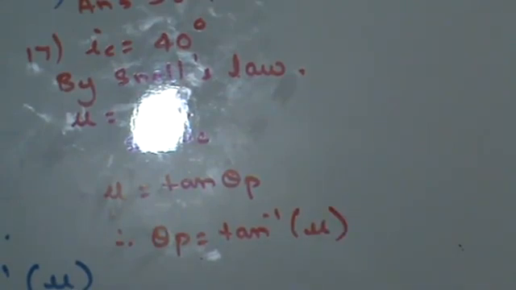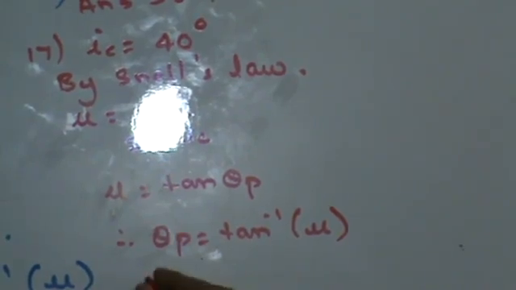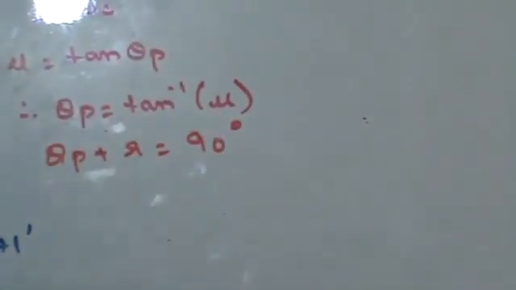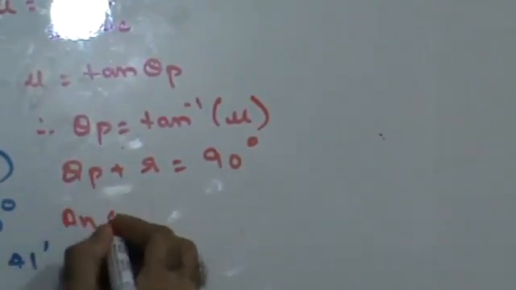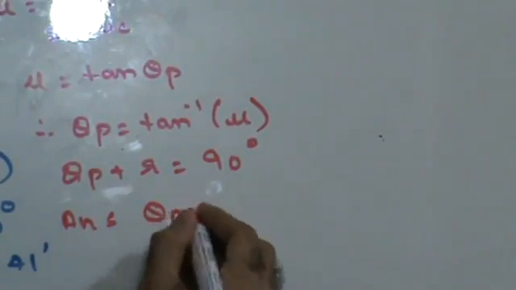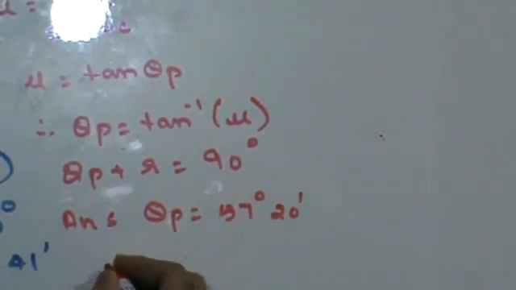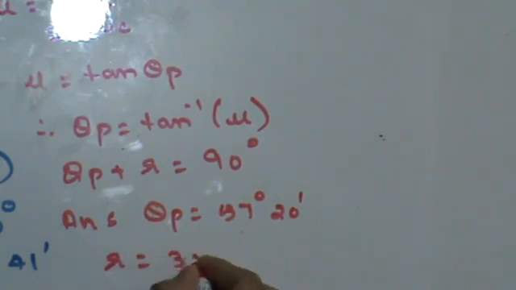You already found out the refractive index, you should be able to get the polarizing angle. Once you get polarizing angle, then I can say polarizing angle plus angle of refraction is 90 degree. So that should give you your angle of refraction. So your answer here should be polarizing angle is 57 degrees 20 minutes and angle of refraction is 32 degrees 40 minutes. Next, take down next one please.